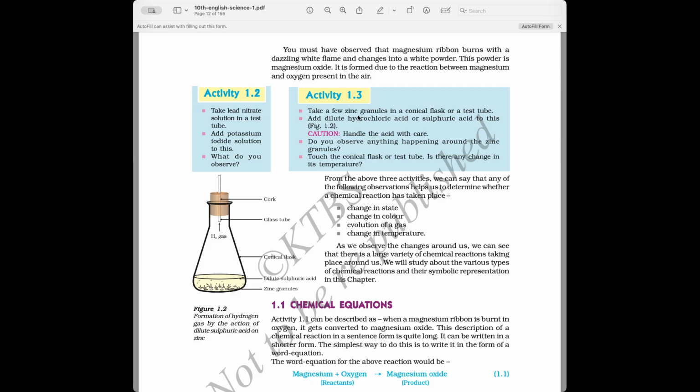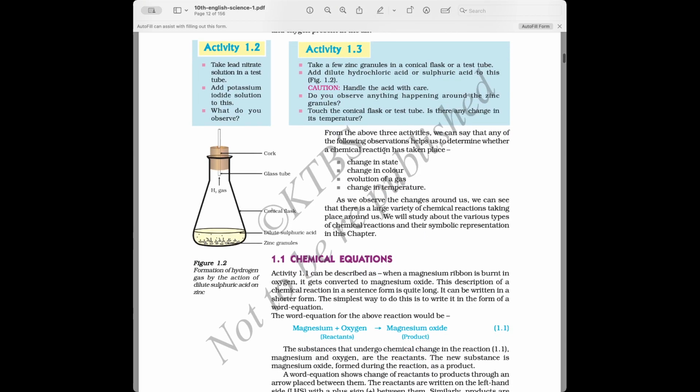They ask us to touch the conical flask and check if there is a change in temperature. So there will be a change in temperature, of course.